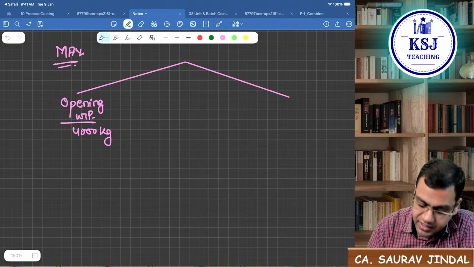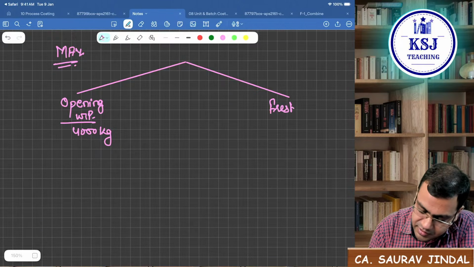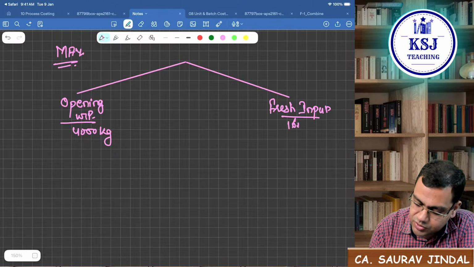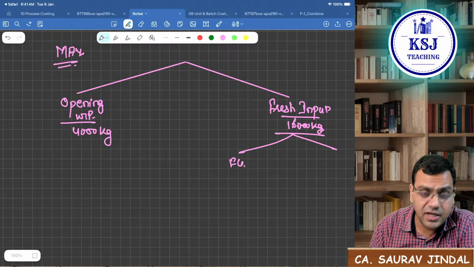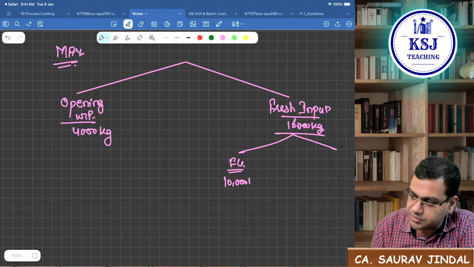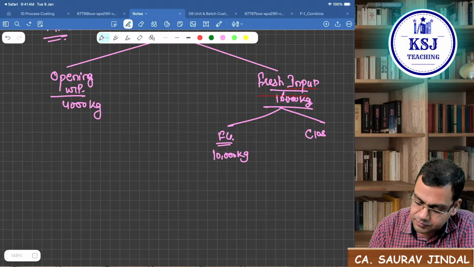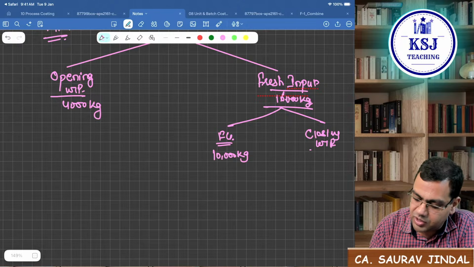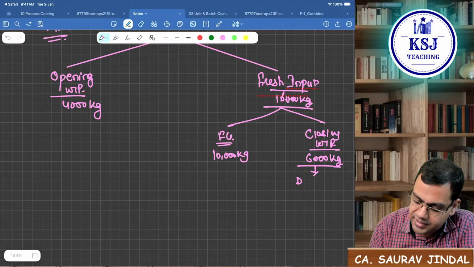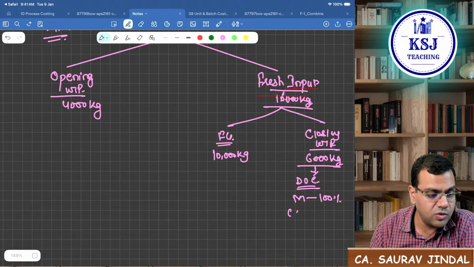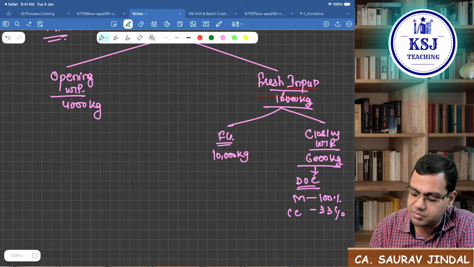And you are having a fresh input of 16,000 kg, out of which you have completed FG of 10,000 kg and your closing WIP is 6,000 kg. On this, the degree of completion is given that for material it is 100% and for conversion cost it is 33 1/3%, that is one-third.